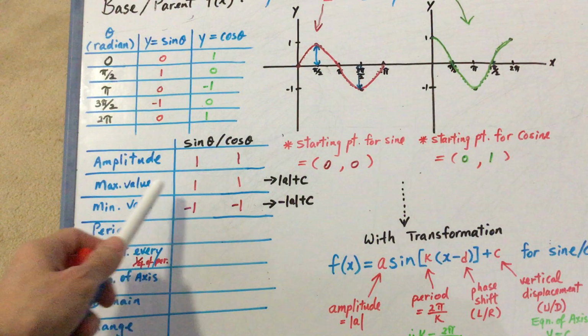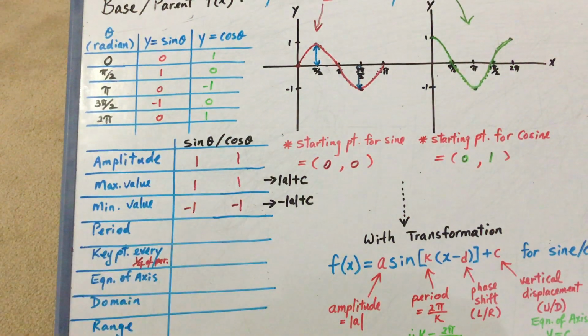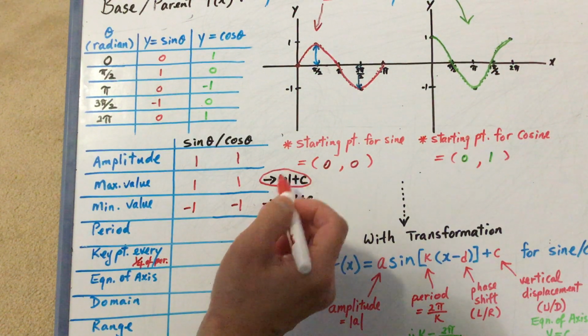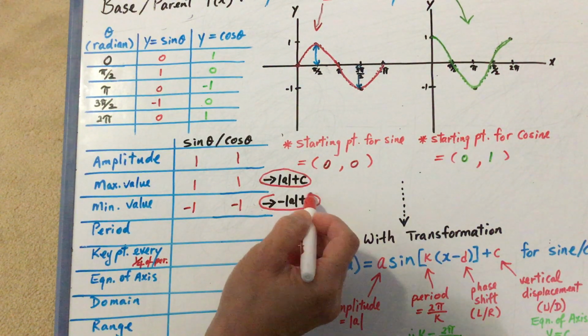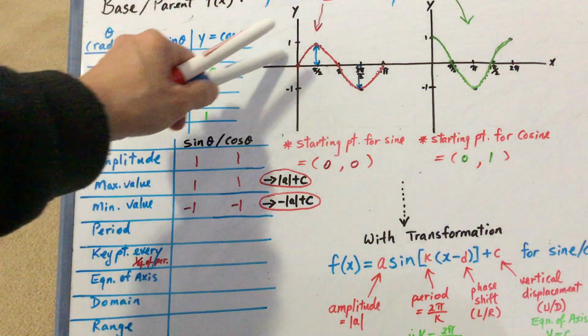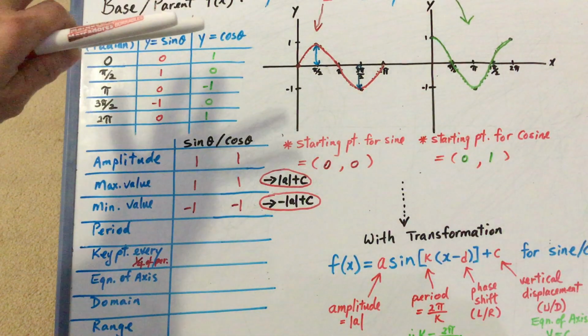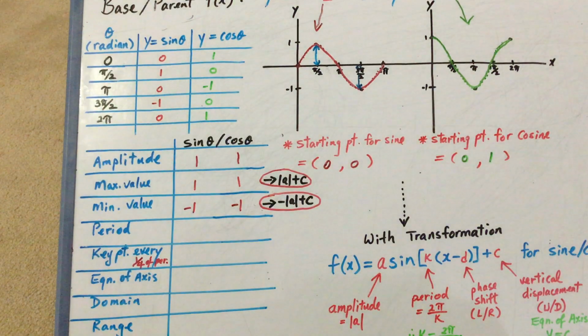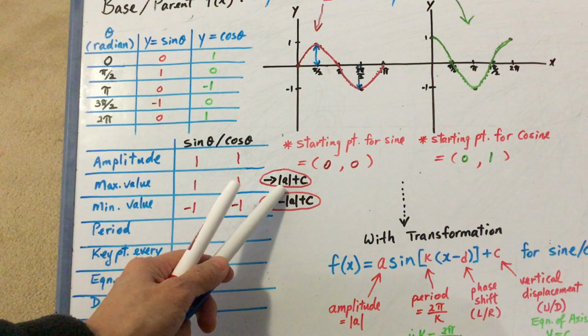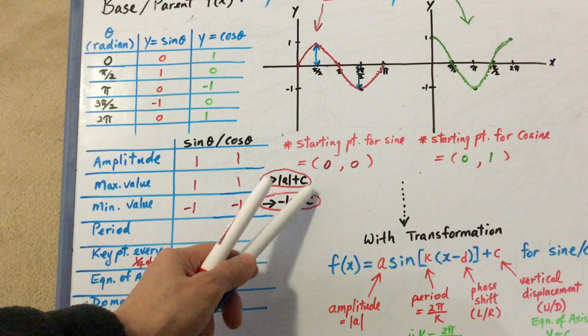Now beside the maximum and the minimum, I have these little formulas here. This is a very useful formula to calculate the maximum values and the minimum values later on when the parent functions start to move around on the Cartesian plane with transformations. The formula for the maximum is always the absolute value of the amplitude a plus the c.